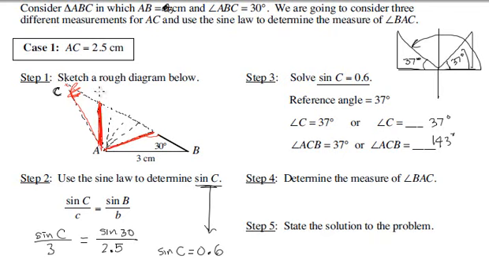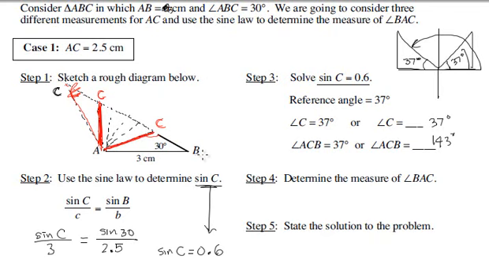Either way, C could be here or C could be here, but either way the length of AC is 2.5 centimeters. For all of these, AC is too short. For anything in here, AC would be too long. And this is what we're talking about when we say it's an ambiguous case: either one of these lines technically would work, and we don't know which one they're talking about.